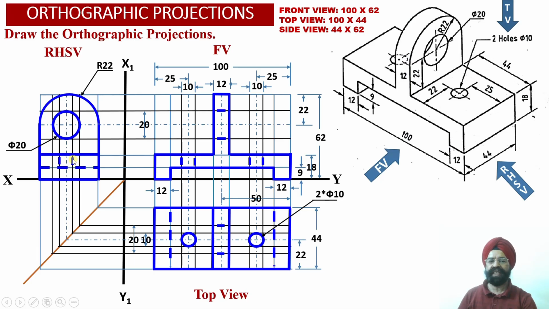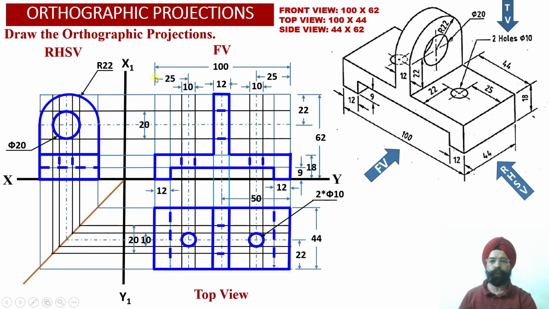So this is the diameter of 10 millimeter which corresponds to these two interior black lines. So here we have got dotted line or hidden line projections drawn into this horizontal web.